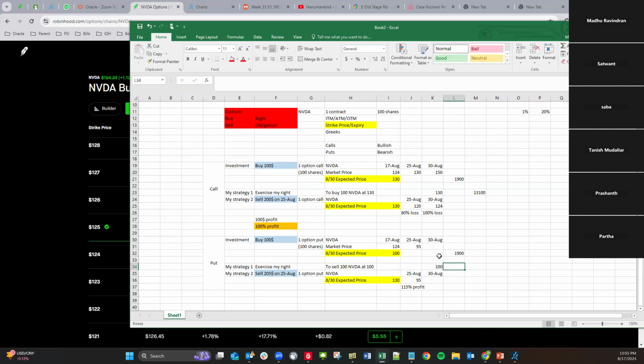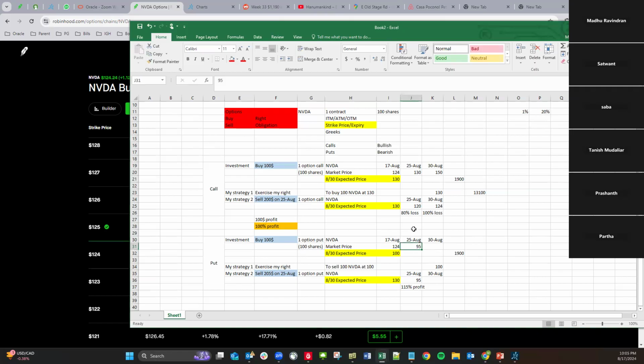So 400. So which means if I want to go with this strategy, right? The market price on 25th August is $95, and I want to exercise my right. What does it mean is I'm okay to sell NVIDIA stocks for $100, which means if there is a buyer, somebody who had sold the put, and if I'm exercising my right and you have a corresponding buyer as well, then you can buy from market for $95 and you're going to sell it for $100.